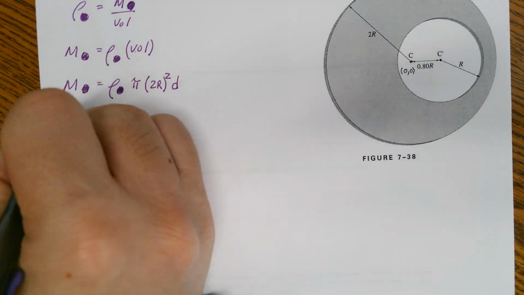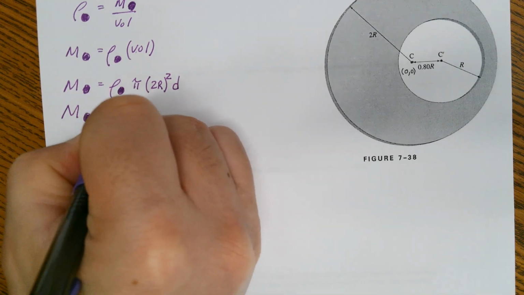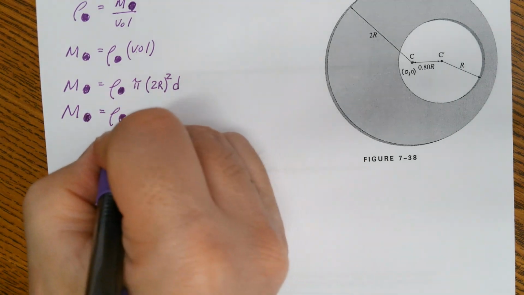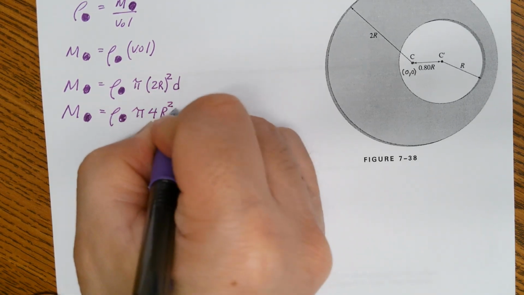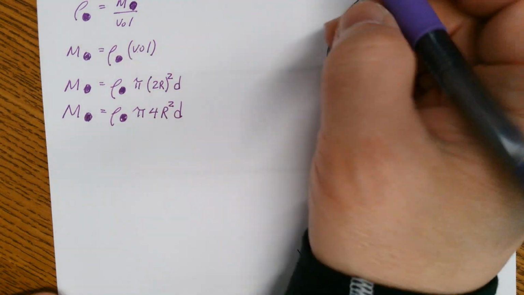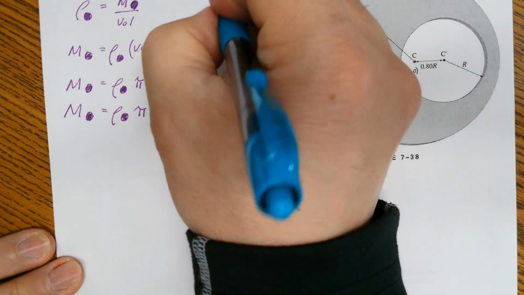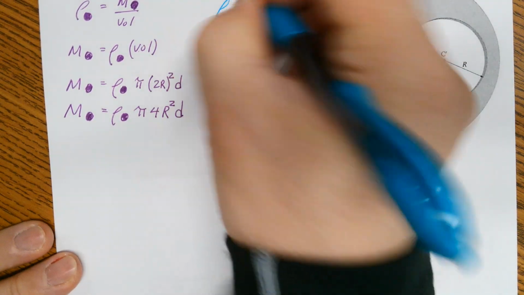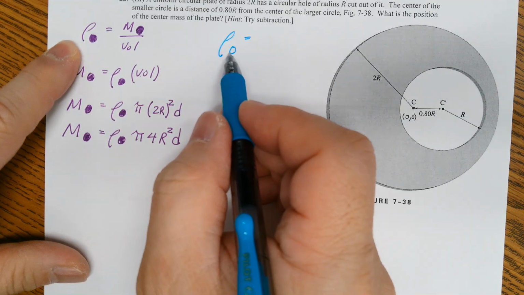So if we rewrite this, it will be rho times pi times 4r squared d. Now if we take a look at the hole, rho hole is equal to the mass of the hole divided by its volume. These rhos are the same because they're made from the same material with the same uniform density, but that density is cut out.